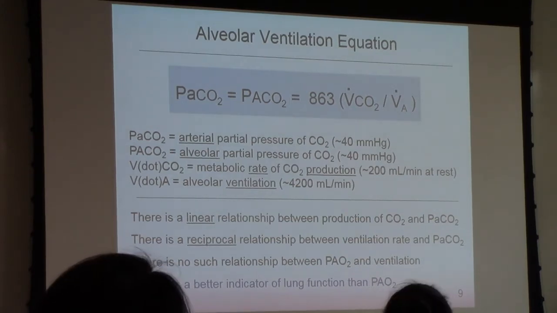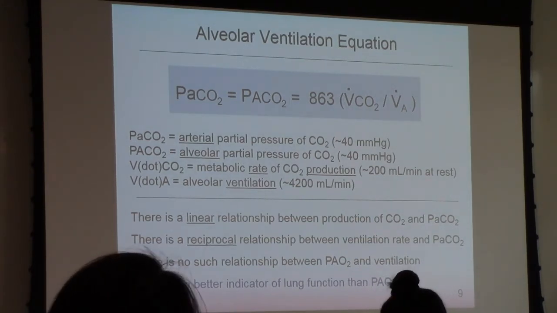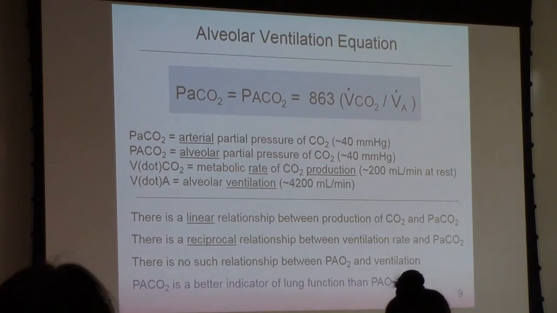But the point is, if I give you the partial pressure of CO2 in alveoli, you already know the partial pressure of CO2 in arterial blood. And vice versa. If I give you a value for the partial pressure of CO2 in alveolar gas, you know the partial pressure of CO2 in arterial blood.